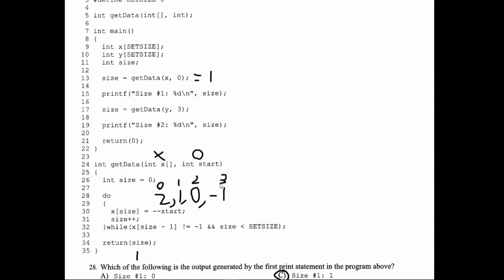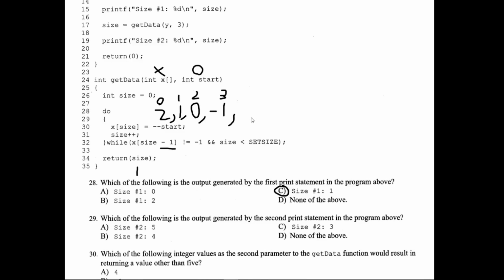We won't reach the end of the array, but the values in the array are going to be 2, 1, 0, -1. Keep in mind, it's not assigning anything to that fourth value because it's checking the previous element before it goes back to the beginning of the do while loop. Size is going to be incremented to 4 here, so the result is going to return not 1, but 4. And that's answer choice B of question 29.